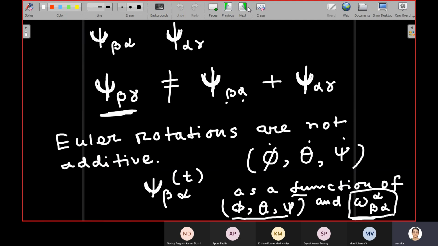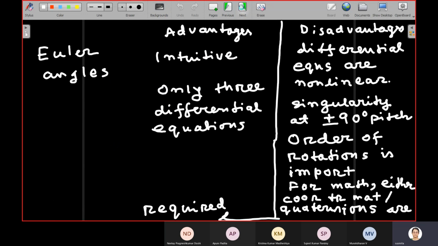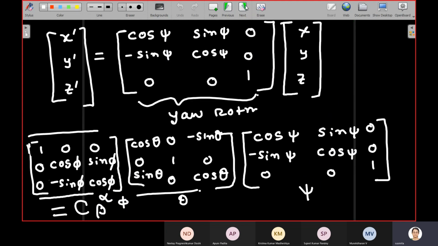Another one. Here, we have found the coordinate transformation matrix from the three rotations, right? Now if you multiply the three coordinate transformation matrices, you get the resulting matrix. How about the case when all these angles are very small?